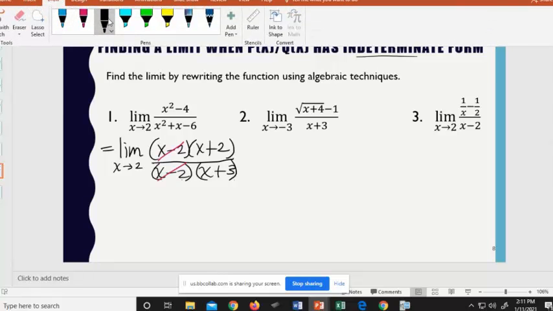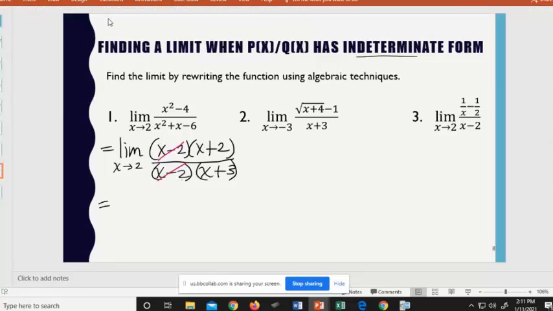What we are now saying is that the limit of the original function is going to have the same limit as this new function that we found. These functions are not the same, but they will have the same limit as x approaches 2, if that makes sense. Okay, but let's see what happens.